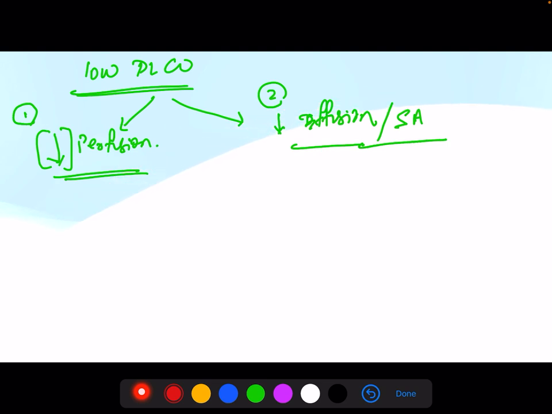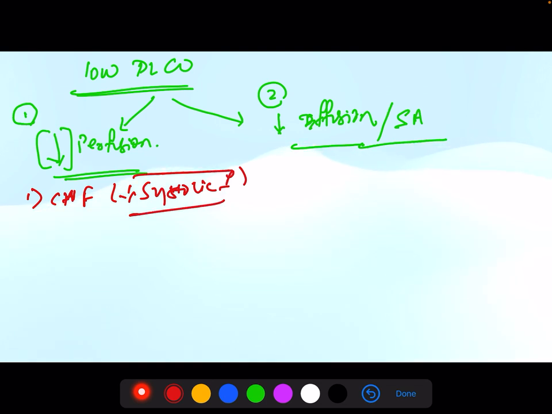Let us consider the first condition, congestive heart failure. Here, mostly due to systolic failure, there is congestion and the DLCO is decreased. Secondly, in pulmonary arterial hypertension, the DLCO value is lowered.